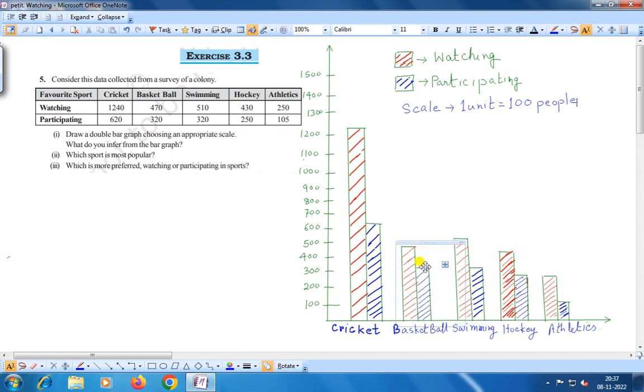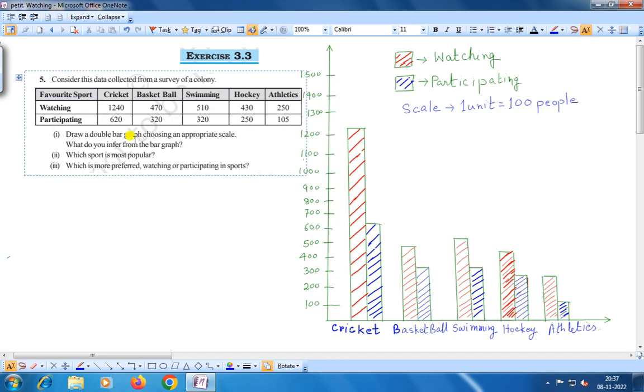The third one is swimming: watching is 510 and participating 320. For hockey it is 430 and participating 250. For athletics, watching is 250 and participating 105.